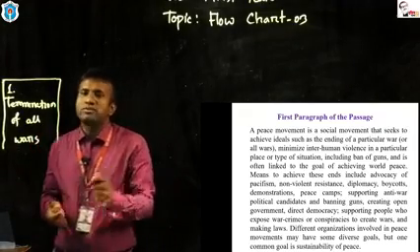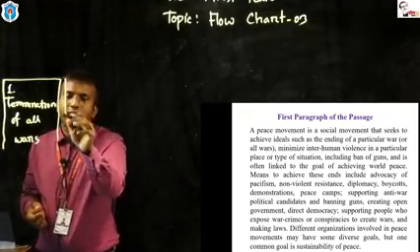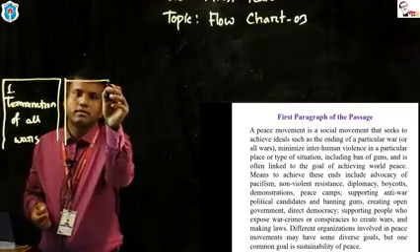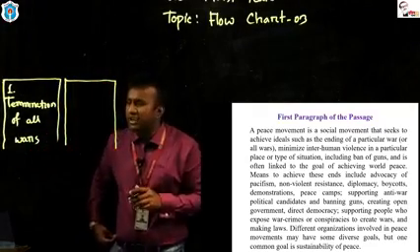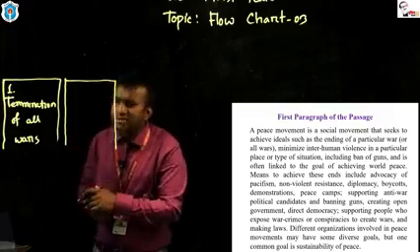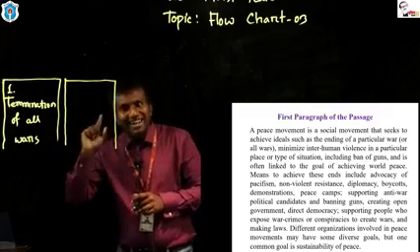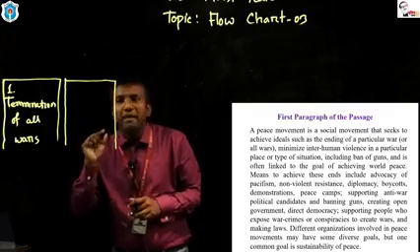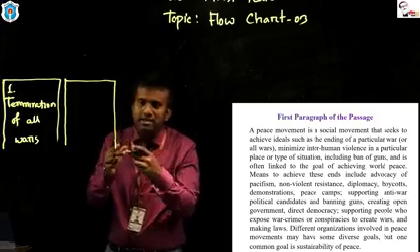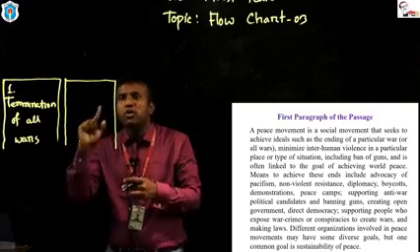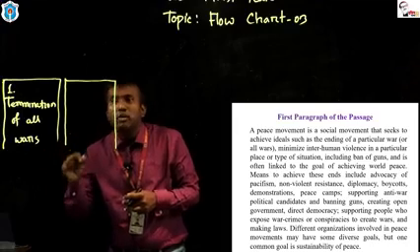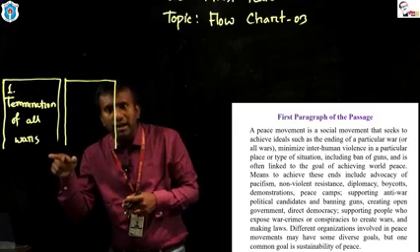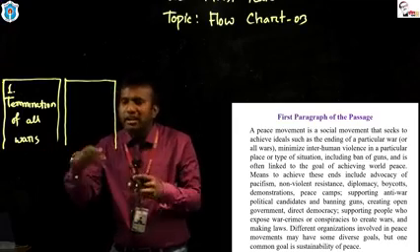Now, I'd like to start with the second answer. Dear students, what is your second answer? What is your second answer according to the passage? And you must maintain sequence. You must write down the objectives or goals of peace movement according to the serial that is maintained in the passage.